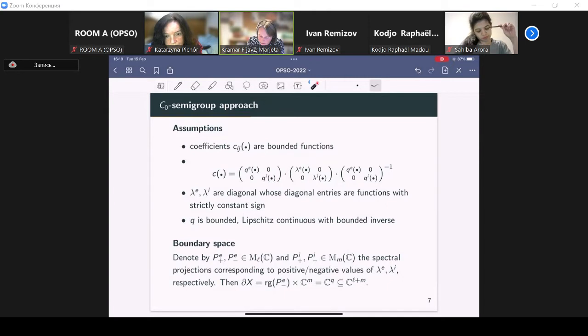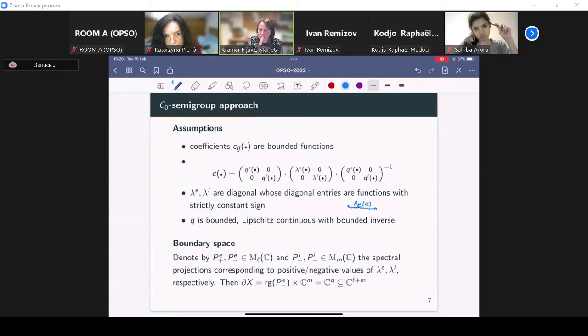Now that I have this diagonalization, I need to explain something else. What is this strictly constant sign? This means that along an edge, this lambda does not change sign. Either it is positive or it is negative. These are functions, of course. So if you have an edge here, and this is the kth edge, then lambda k of s, along this interval, will be either always positive or always negative.